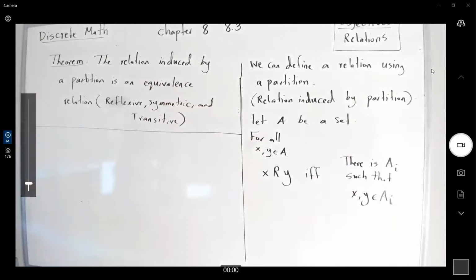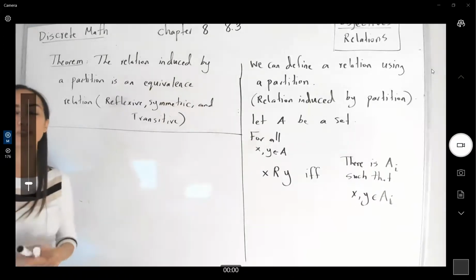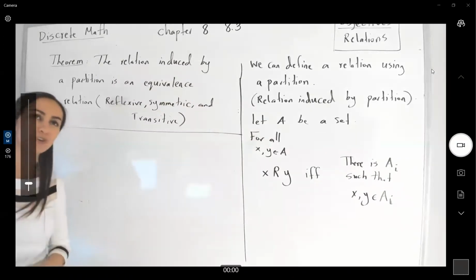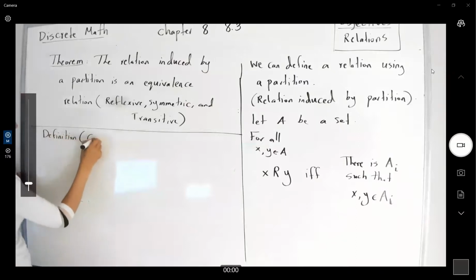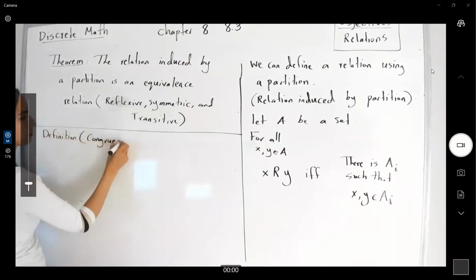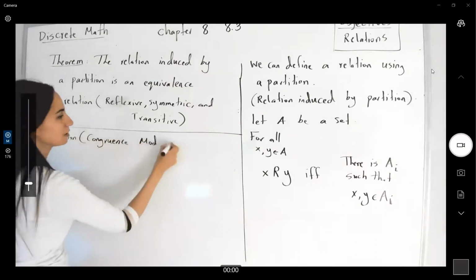So now let us talk about an equivalence relation, like m being congruent to n modulo a number like d. I've seen this before, but the official definition, the official name, is the definition of congruence mod d.